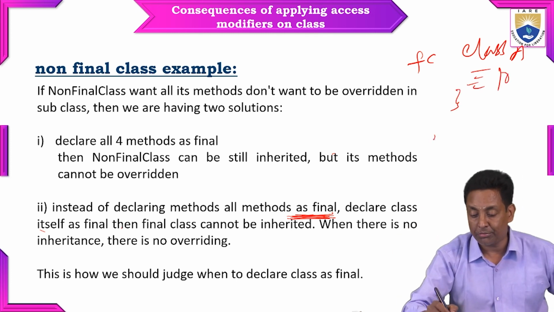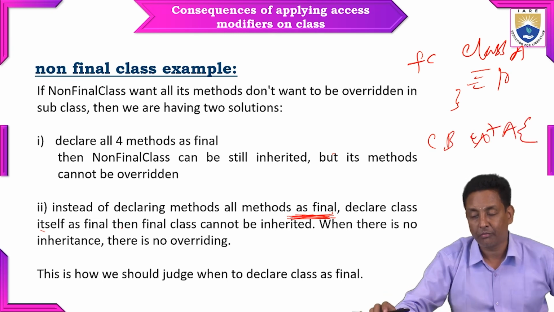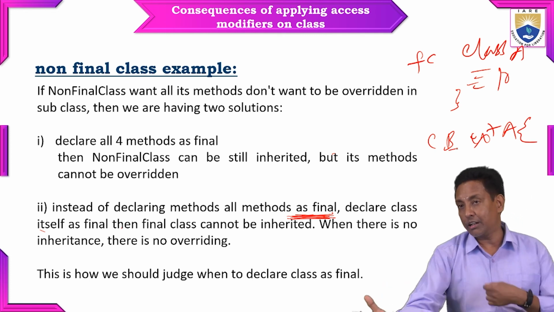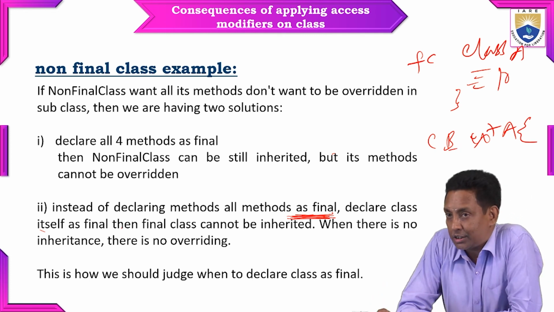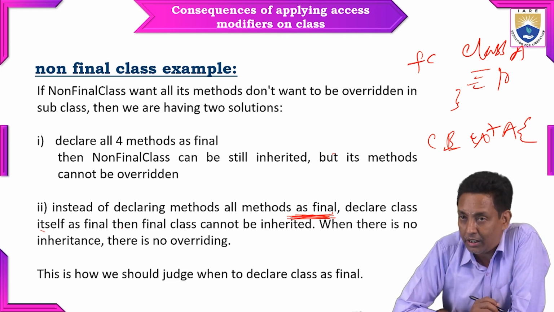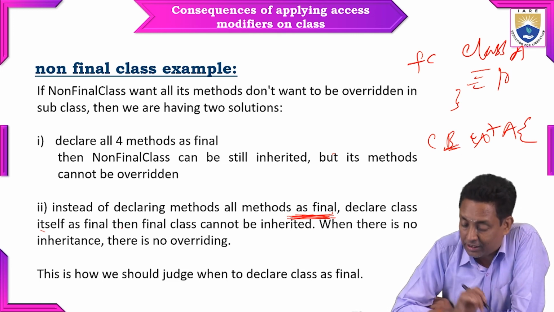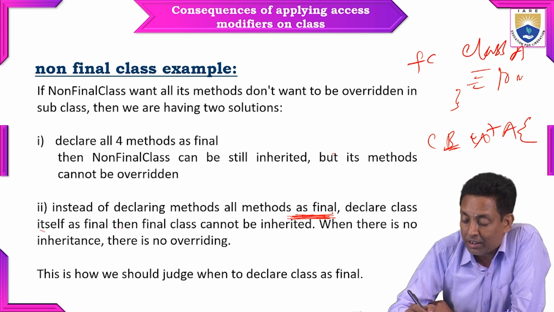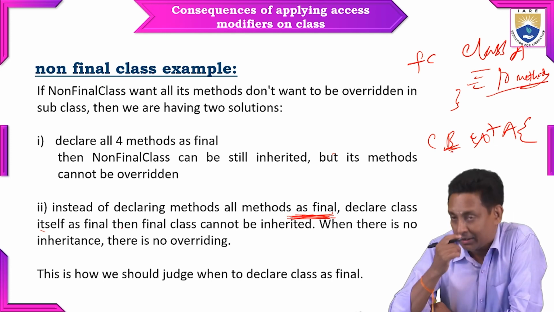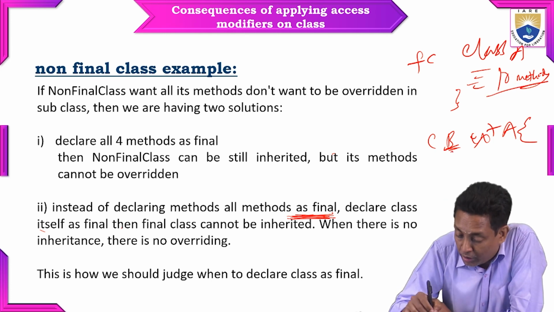I write a class B extends A. In the subclass, you decide whether to declare the class as final or the methods as final. Class B does not want to touch or override any of those 10 methods.